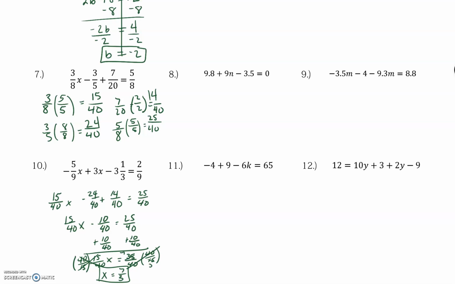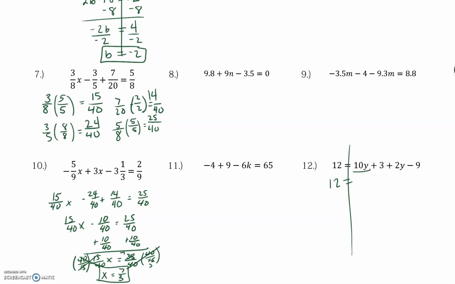All right, let's do one more together. Let's look at number 12. On the left-hand side, I just have a number 12, so I can't simplify that any further. But on the right-hand side, I have multiple sets of like terms.